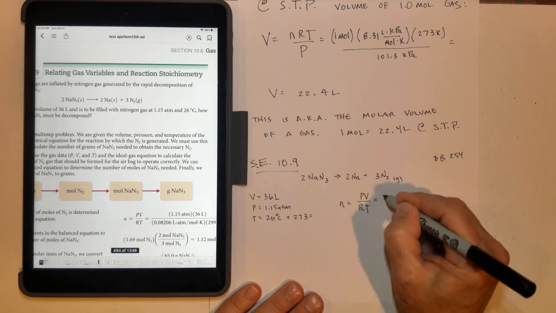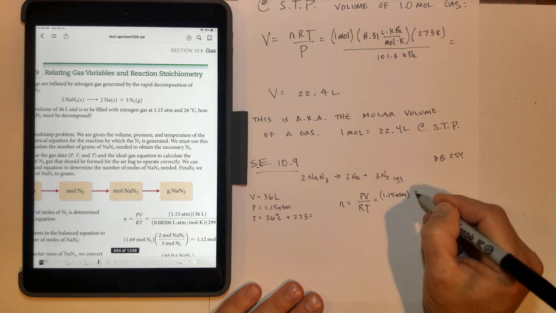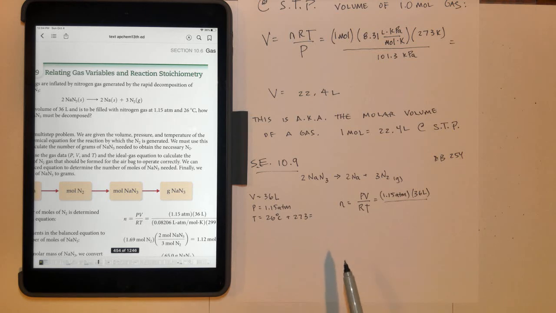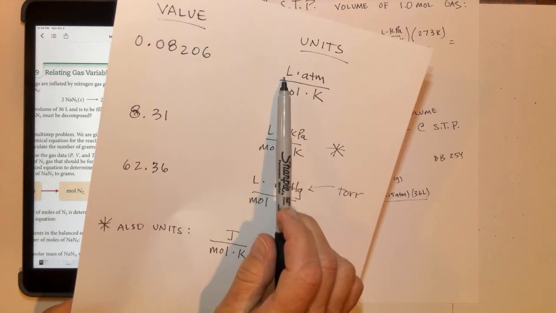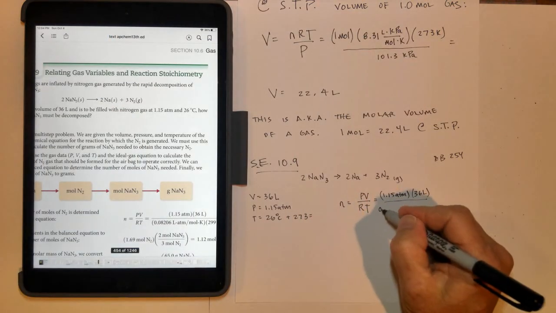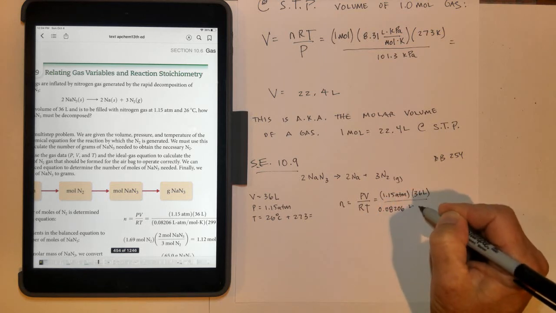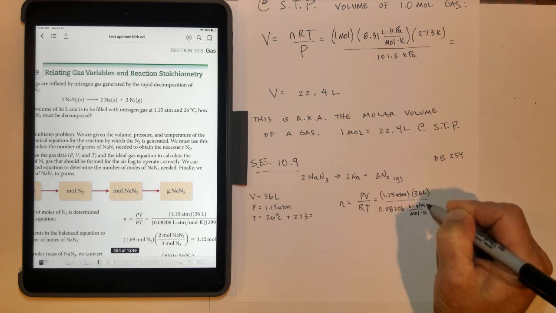Our pressure is 1.15 atmospheres. Our volume is 36 liters. Our R value has to be in the pressure units of atmospheres, which requires us to have 0.08206, in liters times atmospheres per mole times Kelvin.